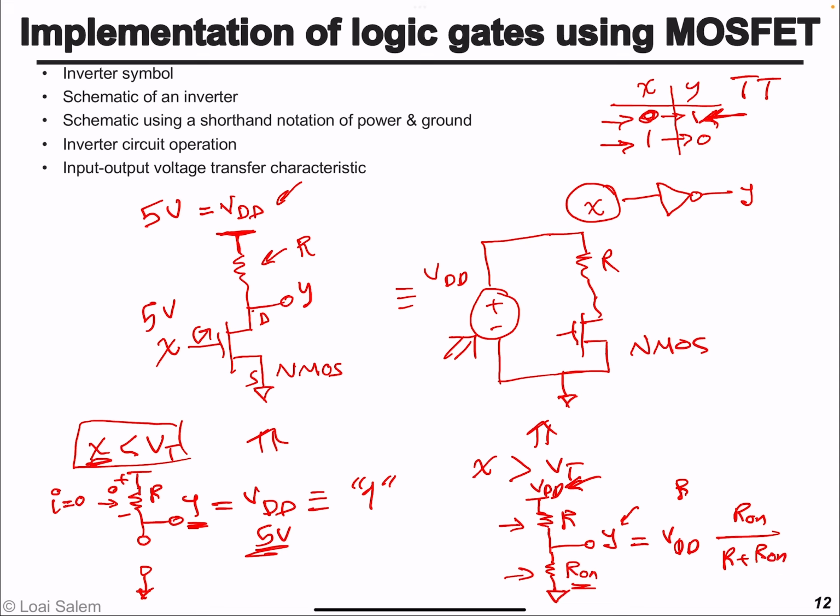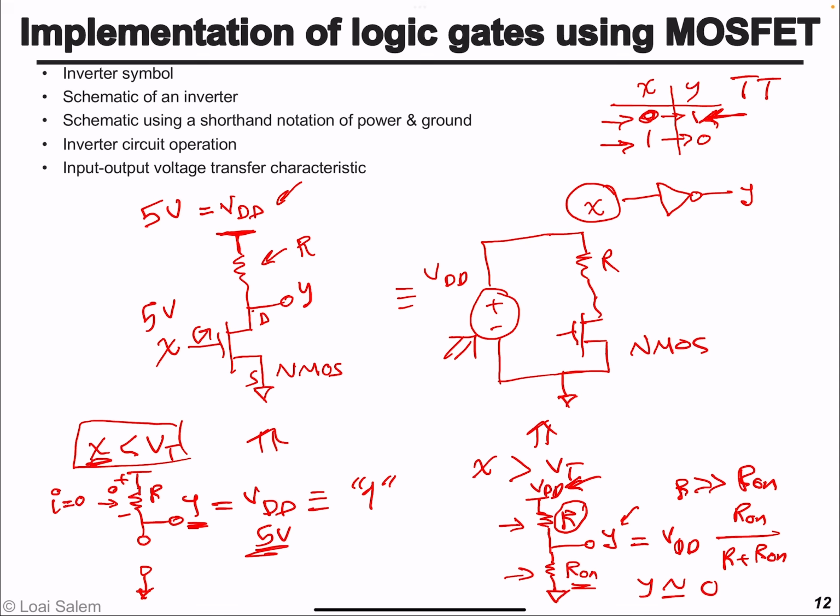And so if the pull-up resistor R is much larger than R on, we'll find that Y essentially will be almost equal to 0, or the ground.